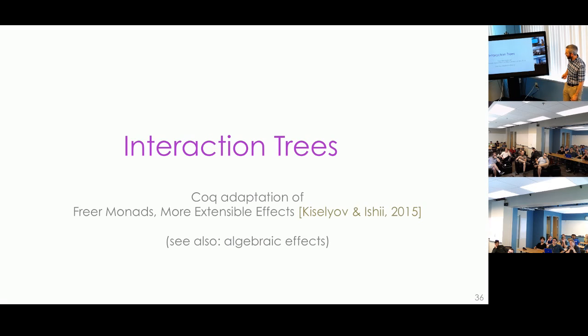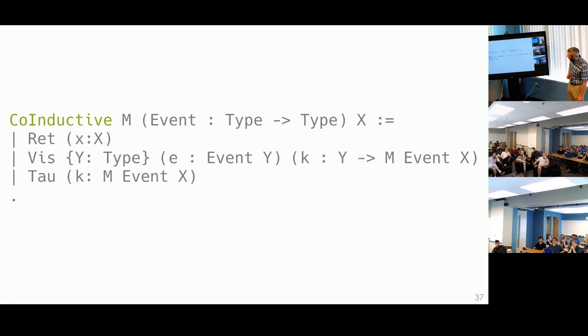And so we need a general notion of computation that is well-behaved, has good properties, and is usable in Coq. What we settled on was essentially an adaptation of these freer monads that are known from the functional programming language community and quite closely related to things like algebraic effects.